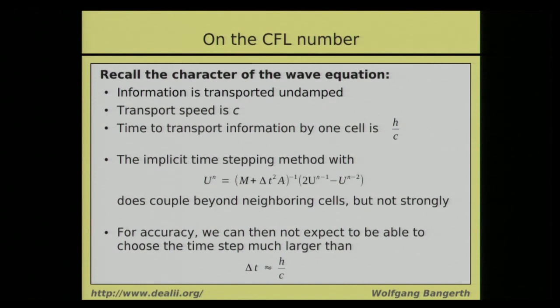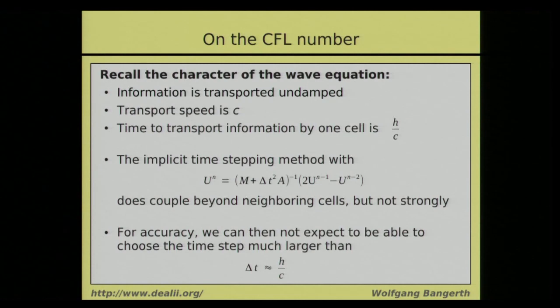However, if you look at this matrix a little bit more closely, what you will find is that the matrix may be full, so m plus delta t squared a to the minus 1 is a full matrix, but in reality it does not couple a cell here very strongly to a cell that is far away. So in essence, that matrix has a very strong local dependence as well.